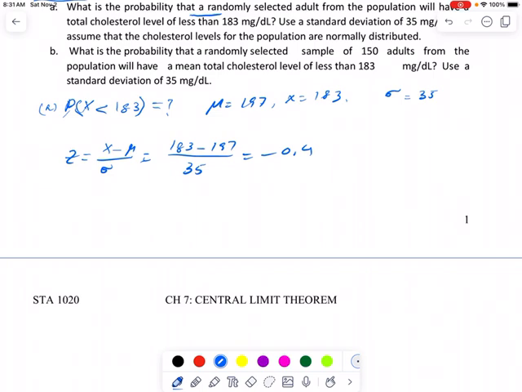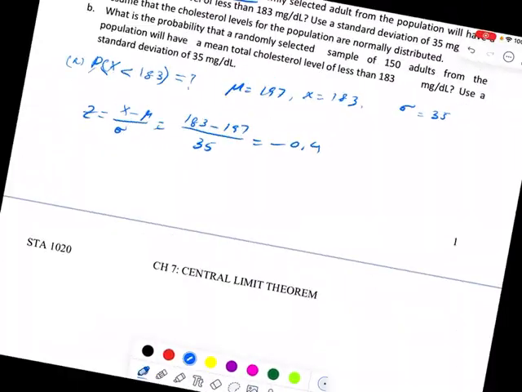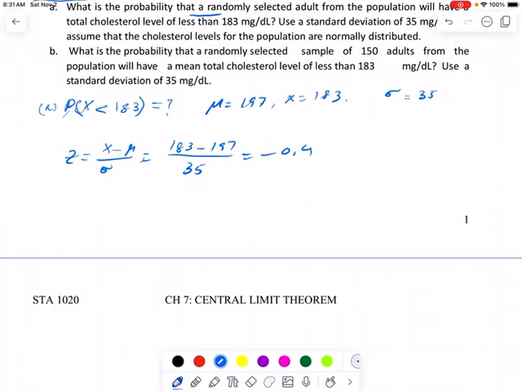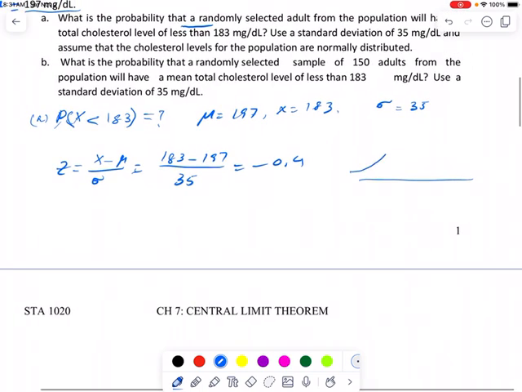Now you must show this work, plugging in, and then you can plug in your calculator and get the answer. So negative 0.4 will be a little bit to the left of the center, or left of the mean.